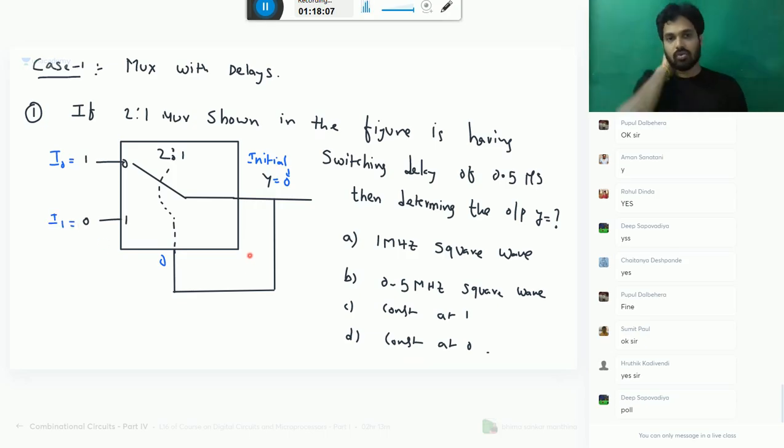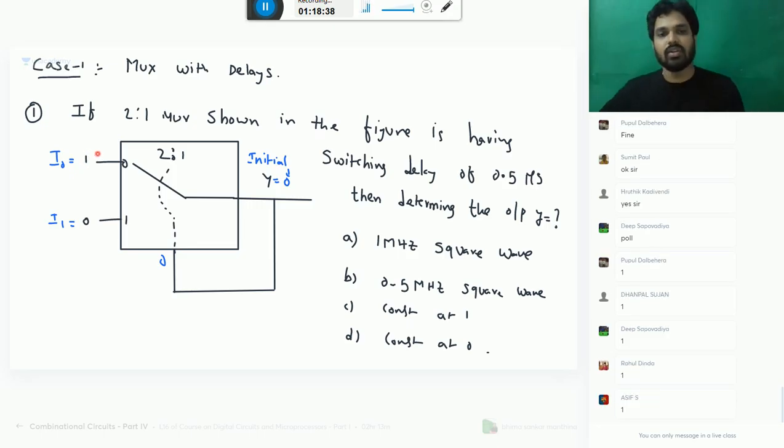So when I0 is 0 comes here, the switch will be at this location only. When at this location, what is your input? Please don't understand this 0 and 1 are positions. These 1s and 0s are data. Please understand that. So when y is 0, this 0 will come here. The switch will move to this position. At this position, what is your data? 1. That 1 will come in the out.